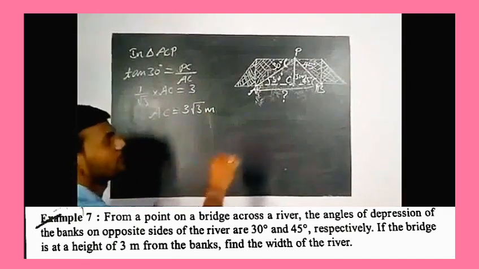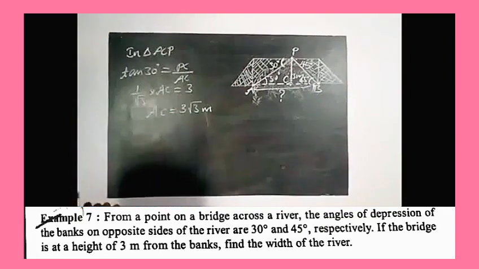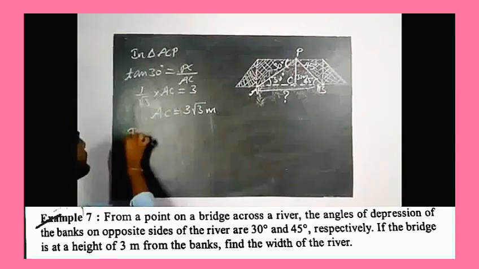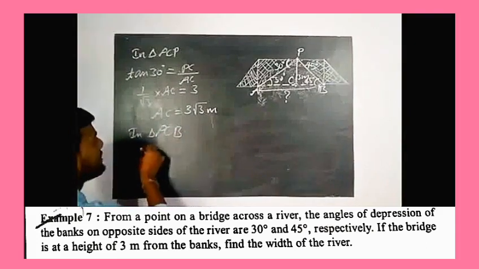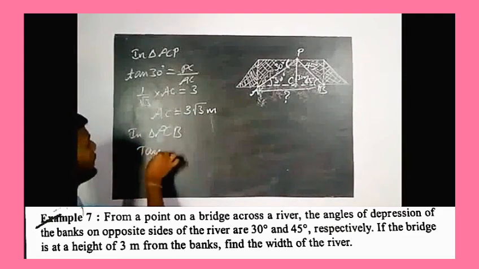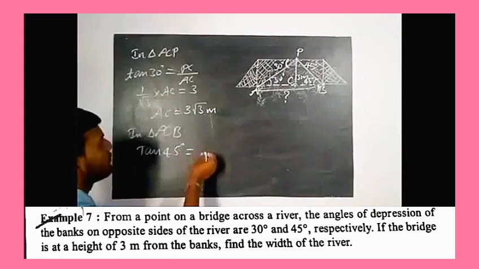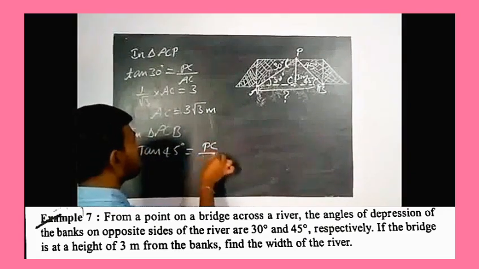And next we need to find the BC. There also we can apply tan theta. So in triangle PCB, what can we have? Tan 45 degree is equal to PC by BC.